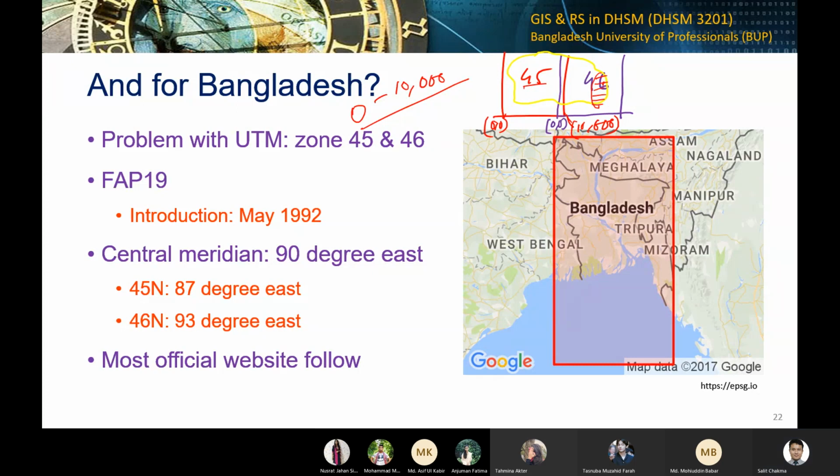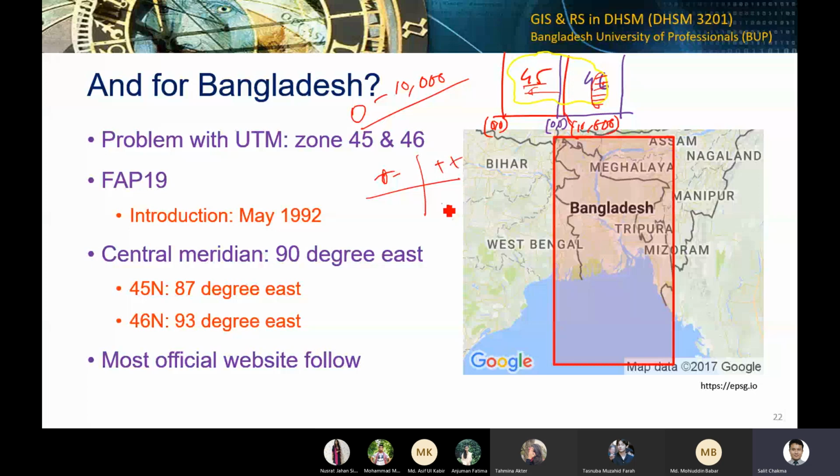Similarly, or conversely, if you identify the zone as 46 in your study area, then everything beyond this line is going to be negative, because it lies on the negative plane. This is positive, we know, in the y perspective.